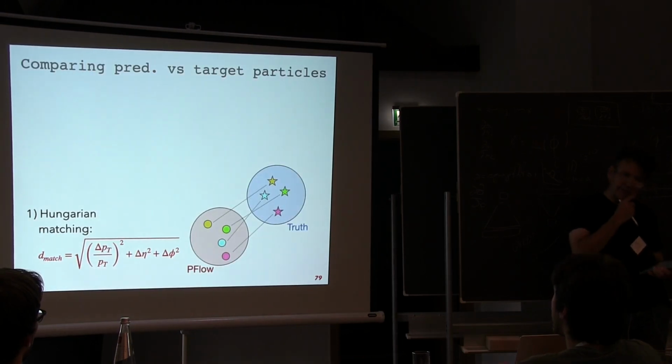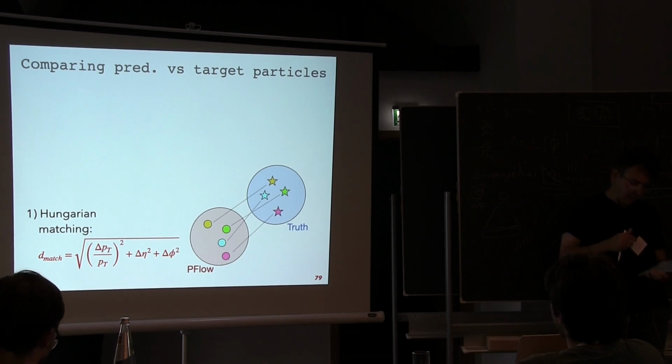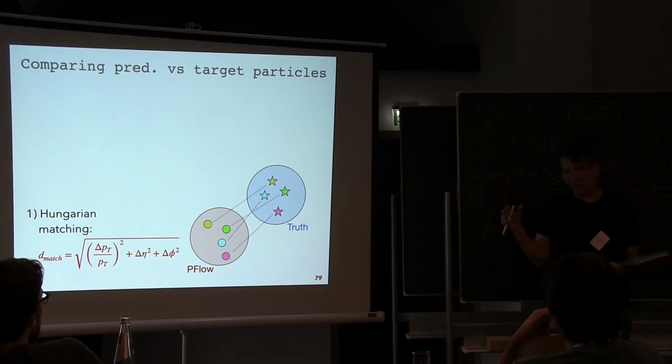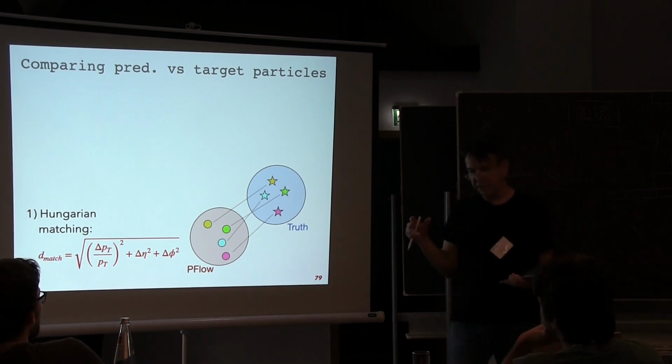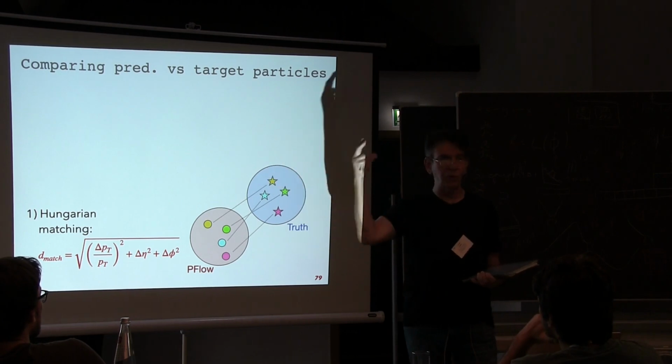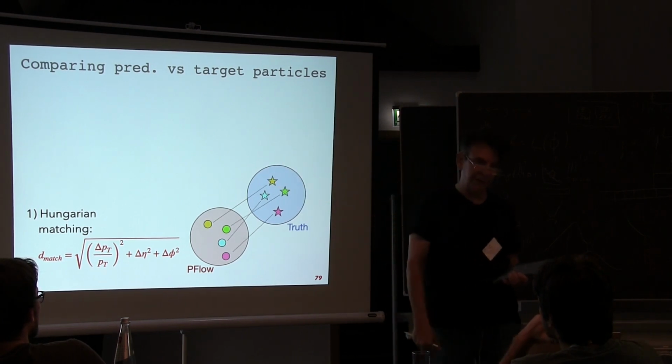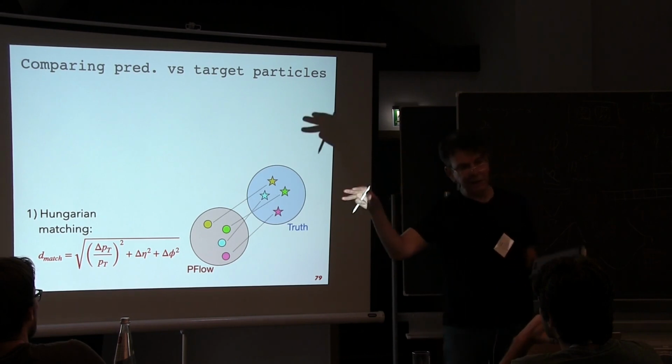Now you will see something you already met yesterday, which is called the Hungarian matching or Hungarian loss. We have our truth incidence matrix, we have our predicted matrix, but now we have to tell which particle belongs to which particle, because we have a set and we get a set.